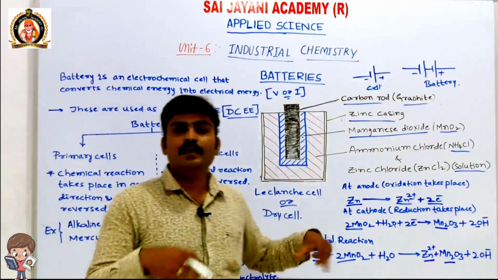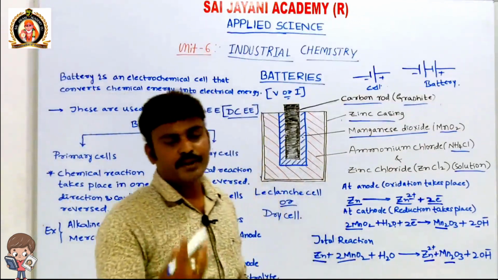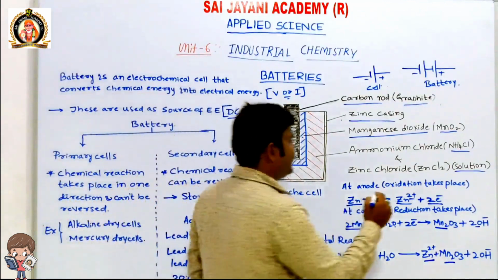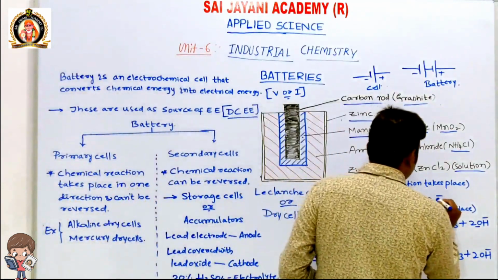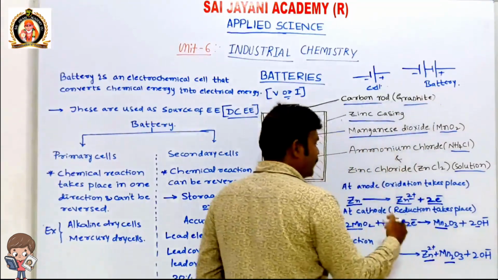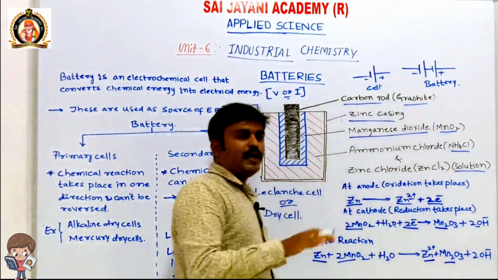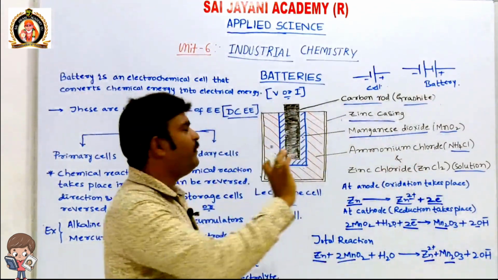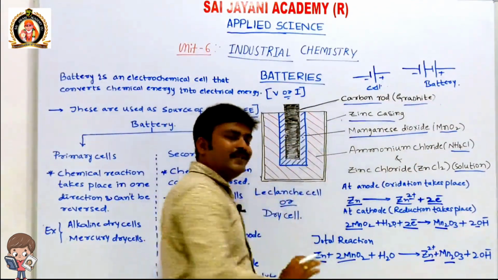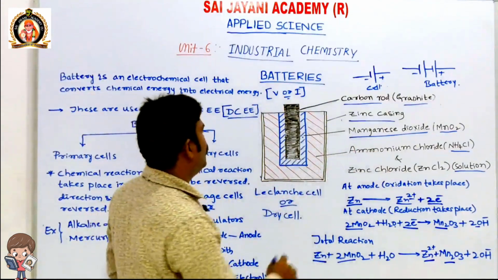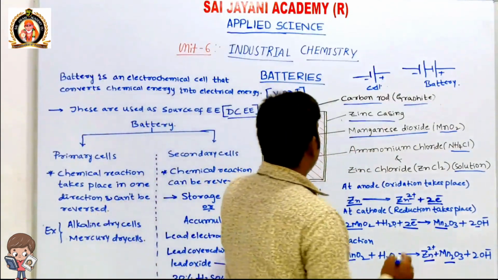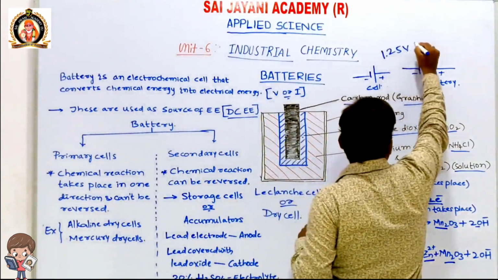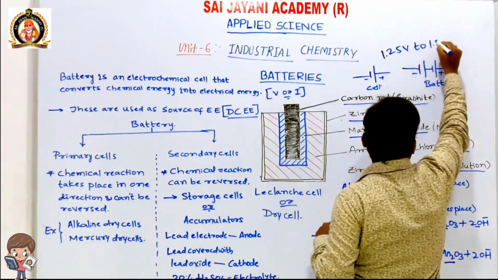So these chemical reactions give rise to electrical energy. See here, since in the oxidation electrons are emitted and here they are utilized, there will be a motion of electrons when we connect a load to this battery. Okay, so one single cell can produce up to 1.25 volts to 1.5 volts.